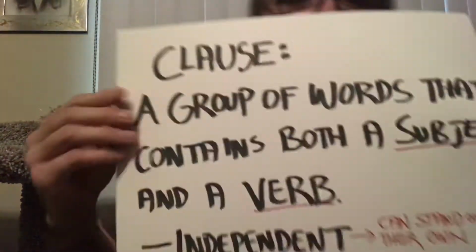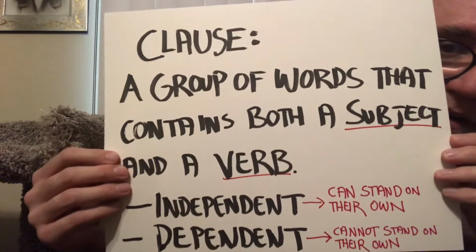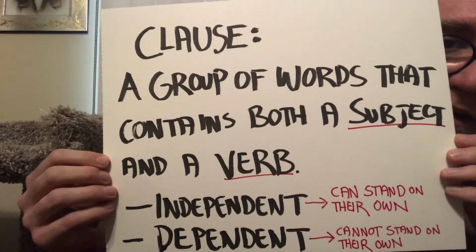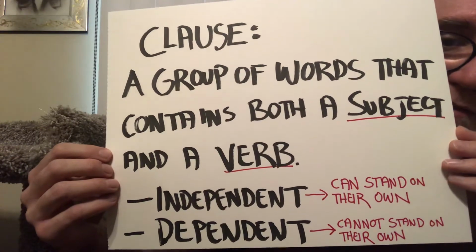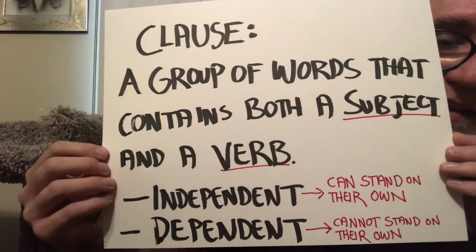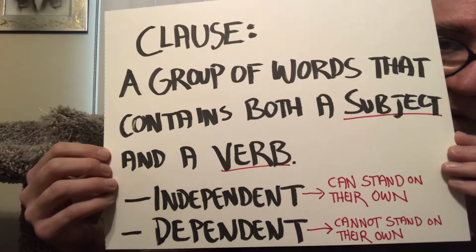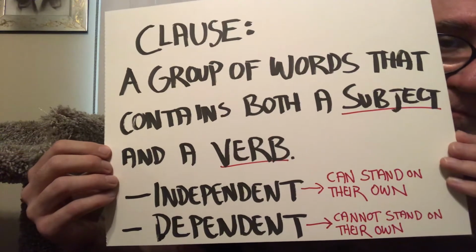First, let's take a look at what this says. A clause is a group of words that contains both a subject and a verb. That is the root definition of what a clause is.